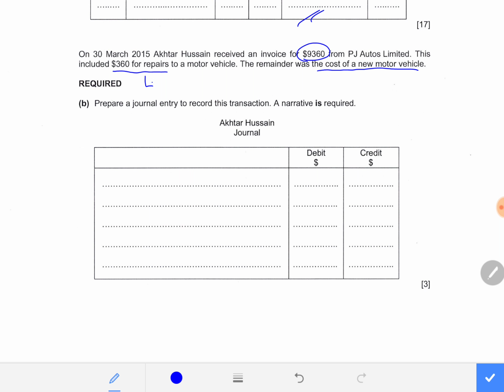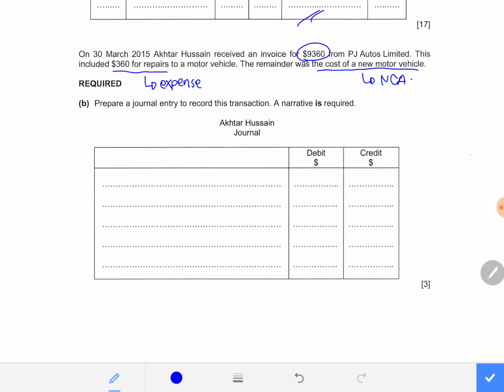You have to make two different accounts, even though it is the same motor vehicle we are talking about. First, 360 is for repairs, and repairs will always be treated as an expense.